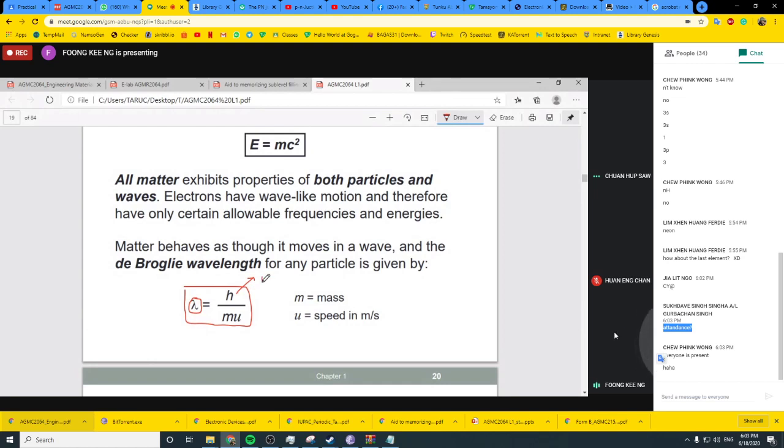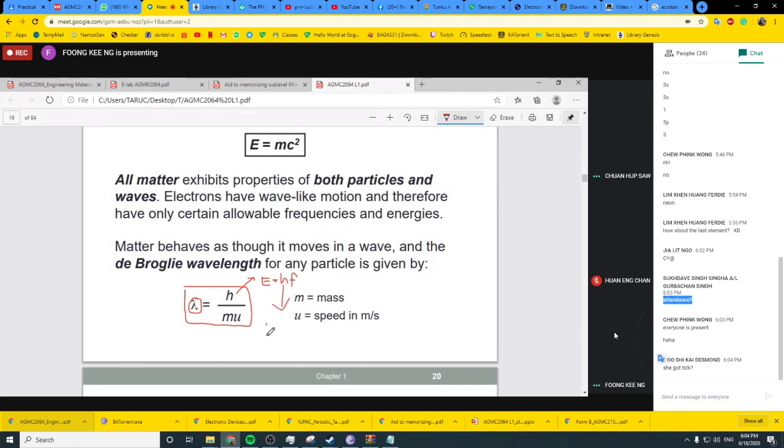So this Planck's constant is found from the energy of the radiation being equal to hf. The energy content of a radiation is proportional to the frequency of the wave that is exhibited, and this must be obeyed by a constant. This is called Planck's constant. Let me spell it out for you. Planck's constant.